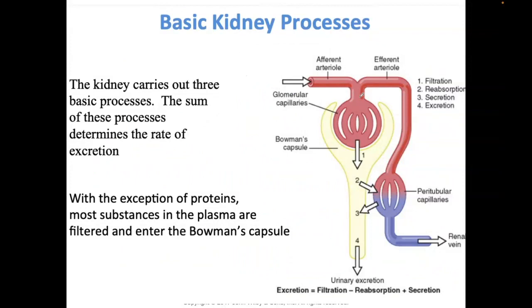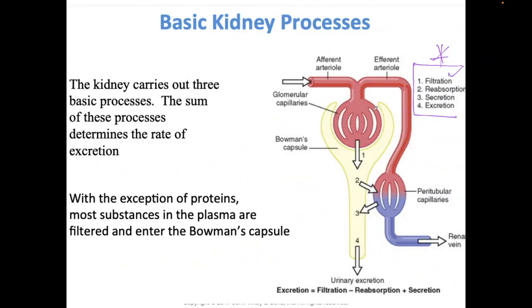So the basic function of the kidney in terms of the nephron, it's responsible for what we see here on the right. Really important, it filters, it's going to reabsorb, it's going to secrete and excrete.